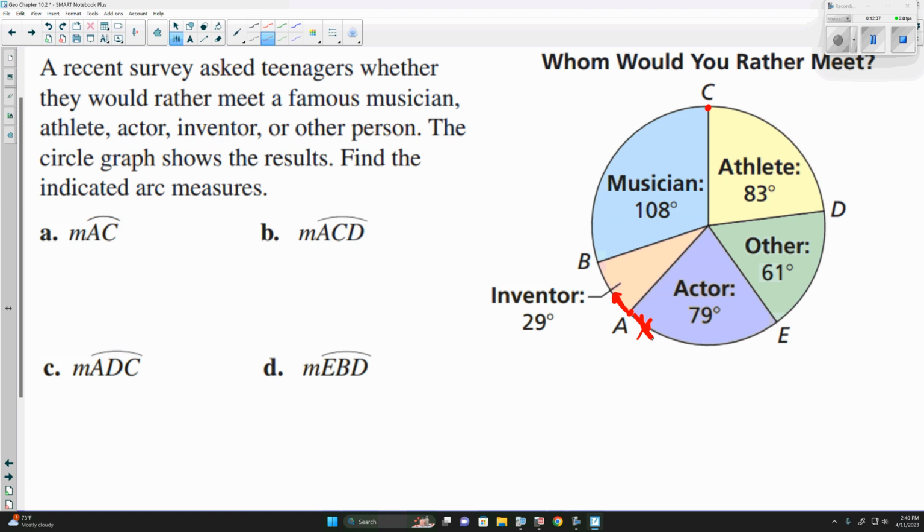So you're always going whichever way is not going to be half. So we're going to go this way here. We have 29 and 108, so AC is 137 degrees.